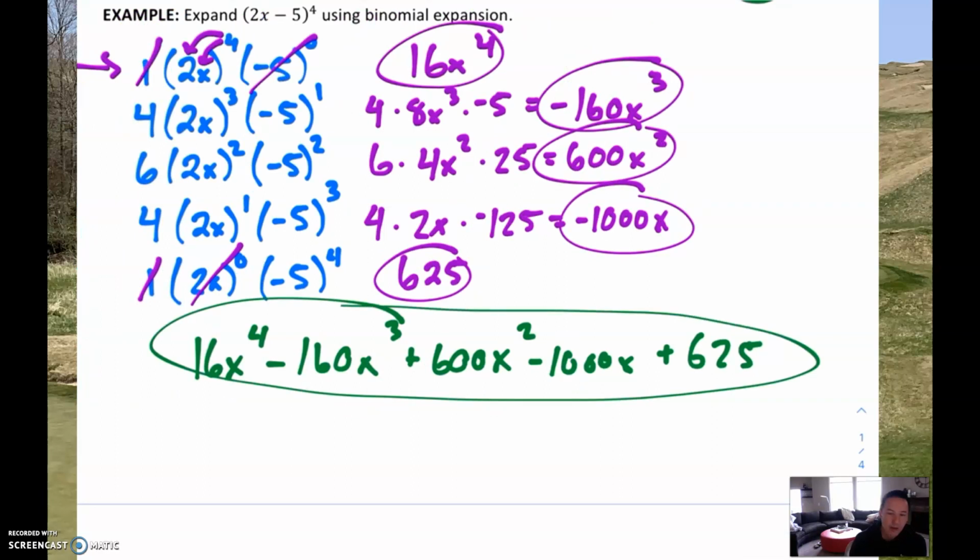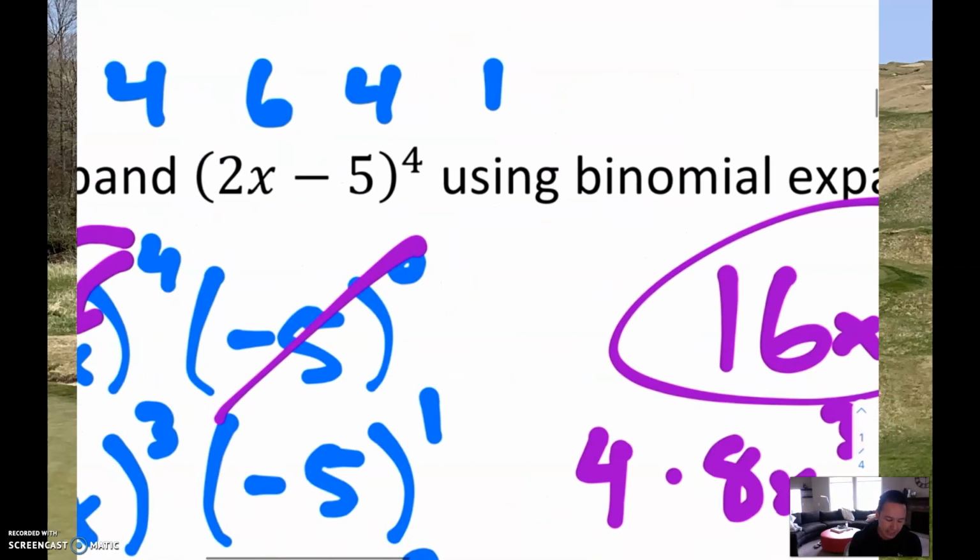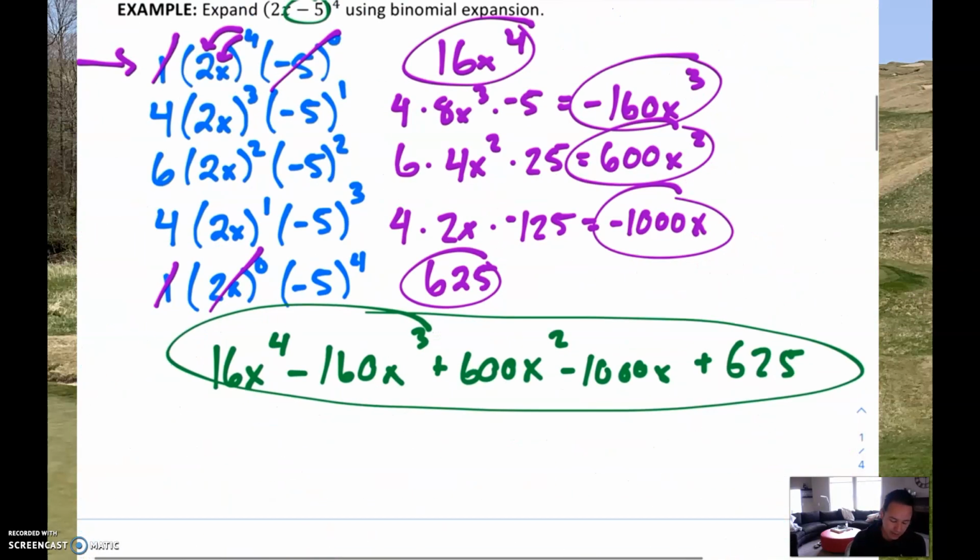There you go. I do want to point out one thing. Whenever you have a minus sign within your binomial, that's going to make your signs alternate. Positive, negative, positive, negative, positive. So that's a good way to kind of check and make sure that you've accounted for all those negative signs.